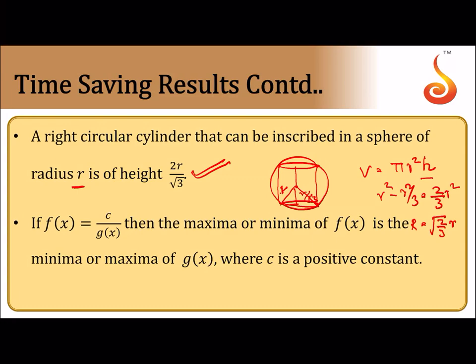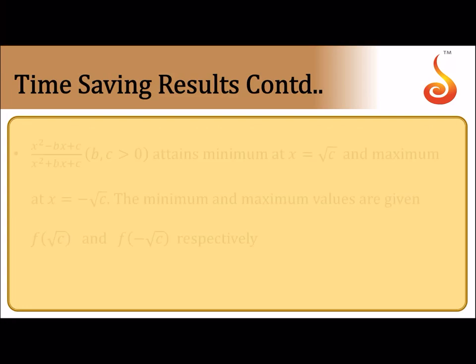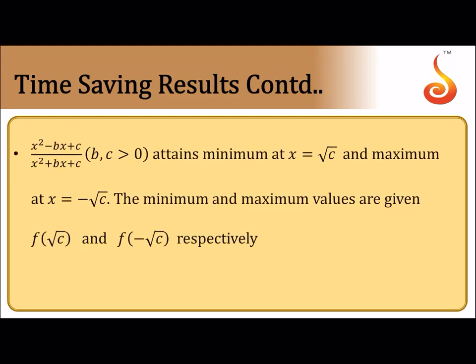So r square minus r square by 3 gives 2 by 3 r square, or you can say the radius of the cylinder is under root of 2 by 3 r. So a very important result, 2r by root 3. If you remember, you will save a lot of time.